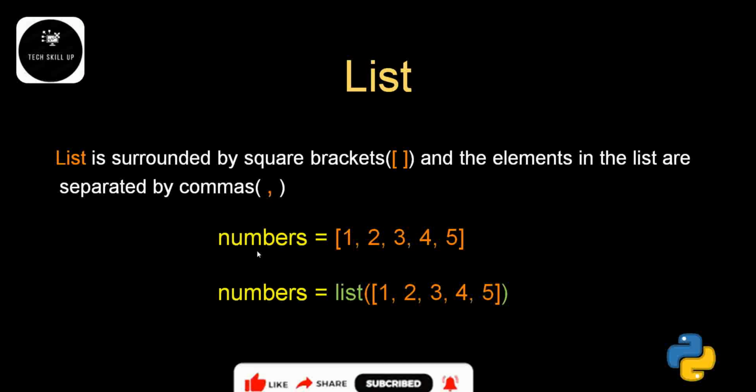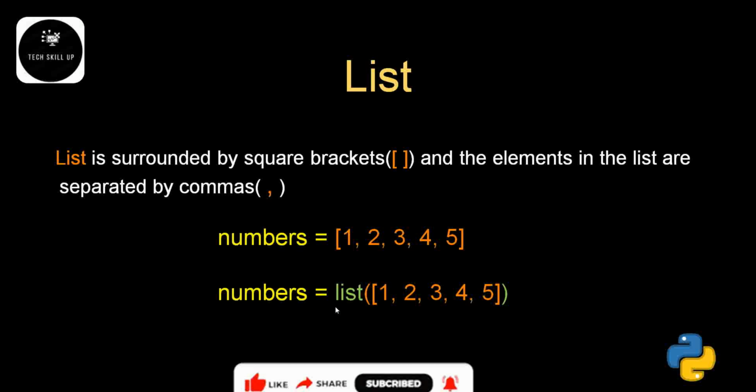One way is the list name is numbers, and we assign the values in square brackets. The list is surrounded by square brackets and each element is separated by a comma: 1, 2, 3, 4, 5.